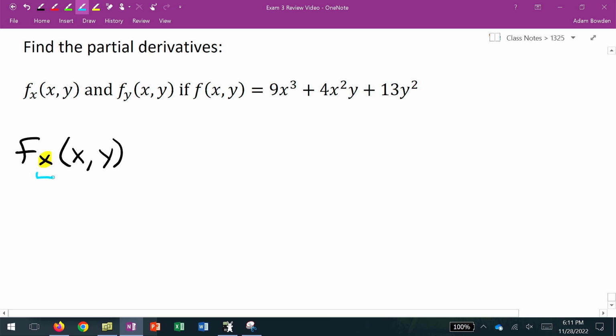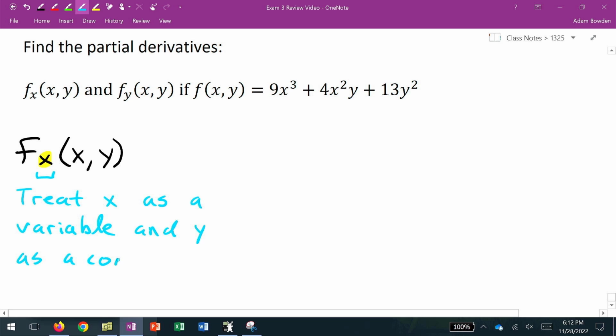In this case, the partial derivative with respect to x is to treat x as a variable and treat y, the other variable, as a constant, just like a number like 4 or 5 or 10.